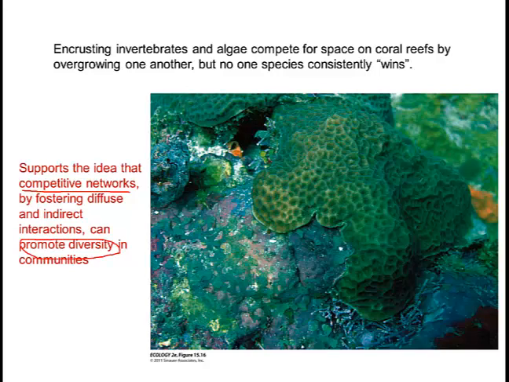Okay, so one species coming in, removing the other, clearing out the space, can often result in allowing another species to invade. And so the kind of equal competitive interactions promotes diversity within the community. So this is an example of this competitive network where no one species consistently wins.